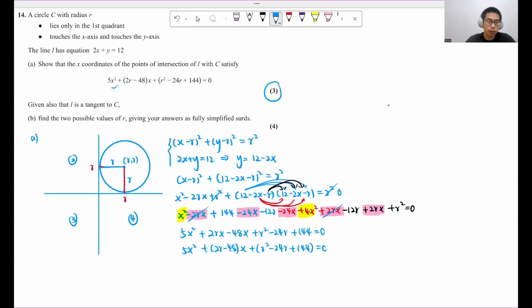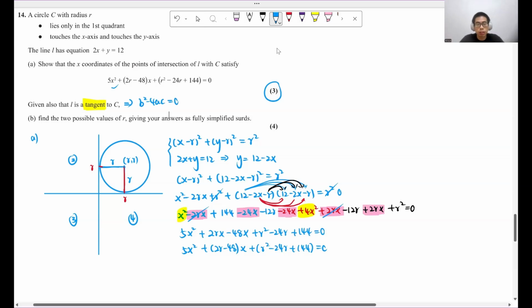Okay, part B. Given also that L is a tangent to C, find the two possible values of r, giving your answer as fully simplified surds. Because it's a tangent to the circle, they only intersect at one point, which means the discriminant b squared minus 4ac has to equal 0.